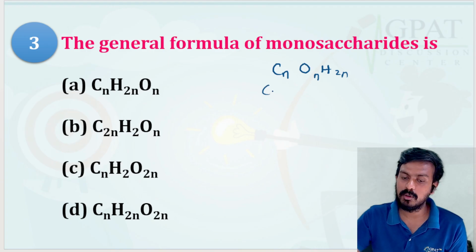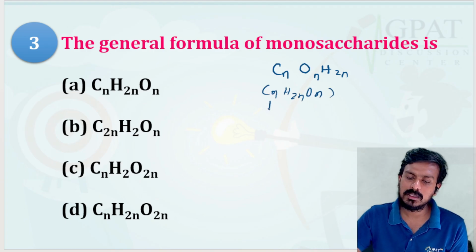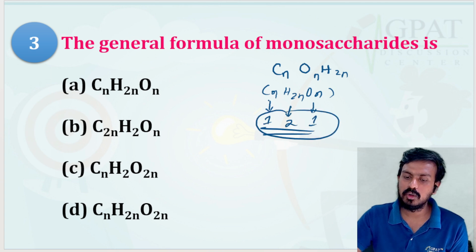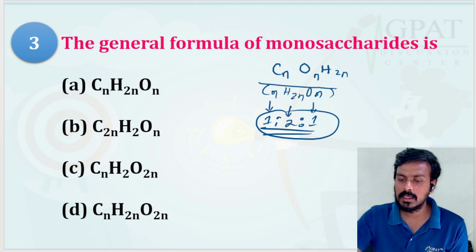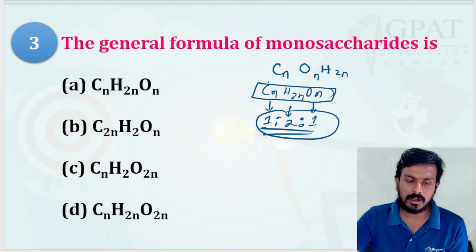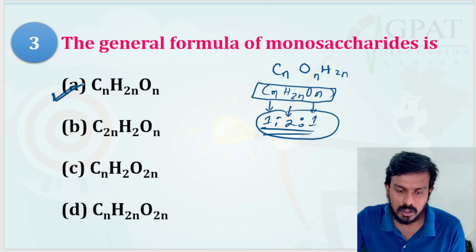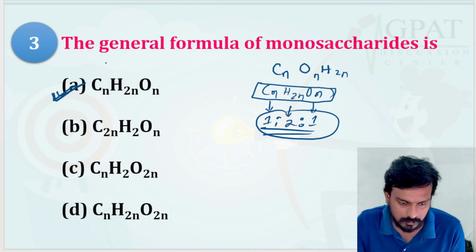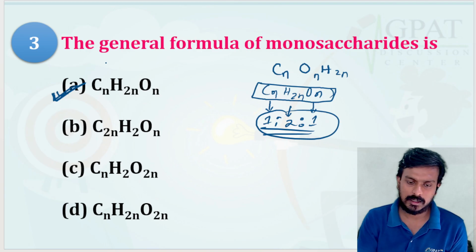The general formula is CnH2nOn. That means one carbon, two hydrogen, and one oxygen, so the ratio will be 1:2:1. The general formula is CnH2nOn. Option A is the correct answer.